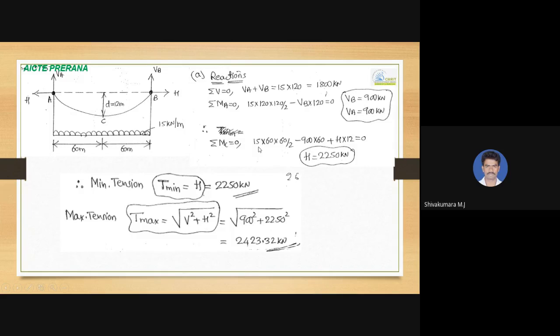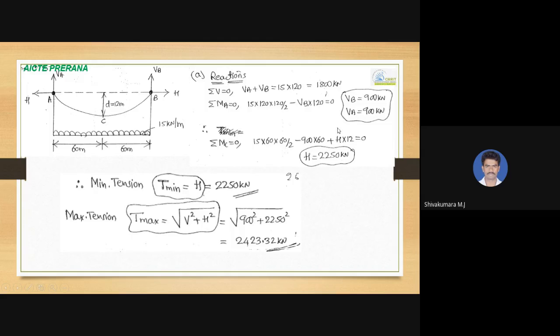In case of the right hand side from point C, 15 into 60 into 60 by 2, trying to rotate in clockwise, positive. And then 900, that is nothing but VB, trying to rotate in anti-clockwise direction with respect to C, that is minus 900 into 60, plus H into 12, trying to rotate in clockwise, that is positive. So the value of H, that horizontal reaction, is 2250 kilonewton.